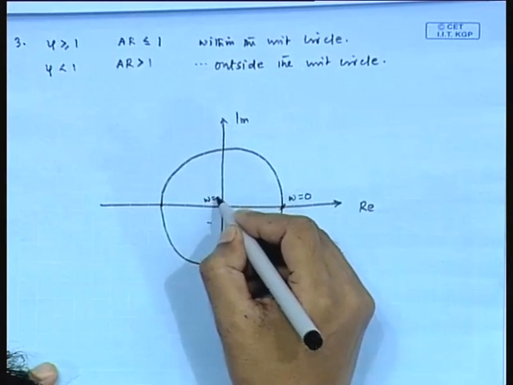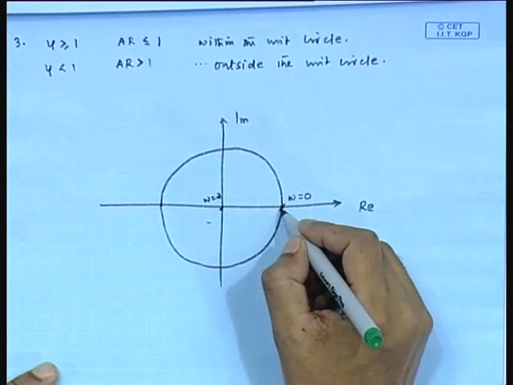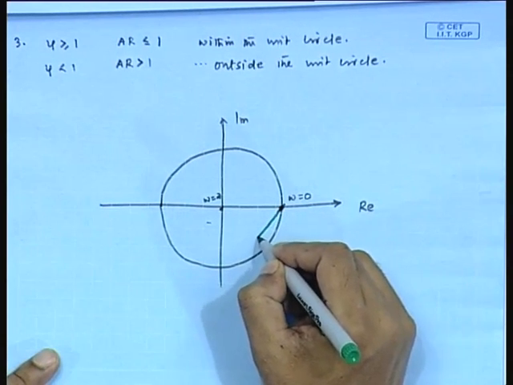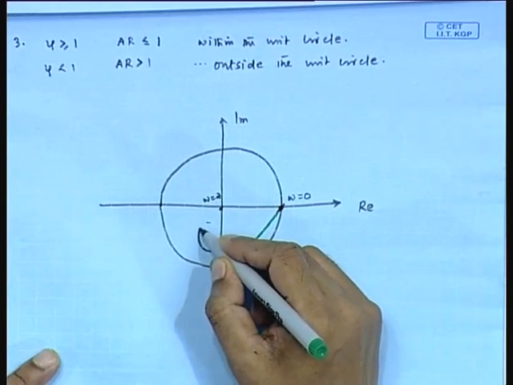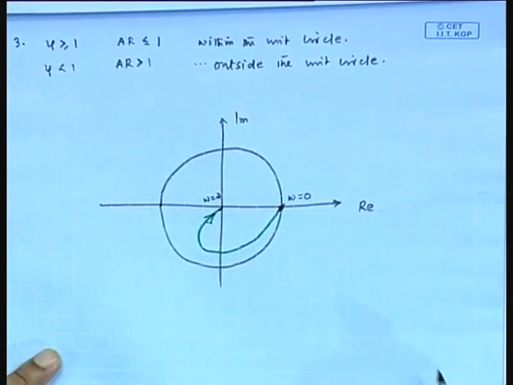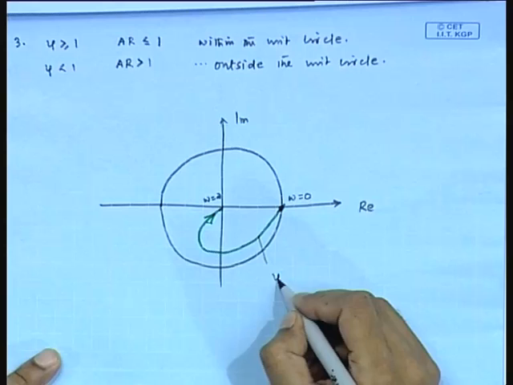So, this is the point when omega equals infinity, and this is the point when omega equals 0. When zeta is greater than 1, we obtain this plot, because it is within the unit circle.